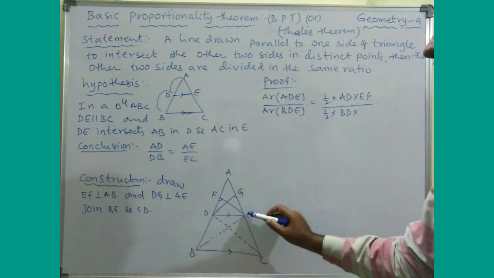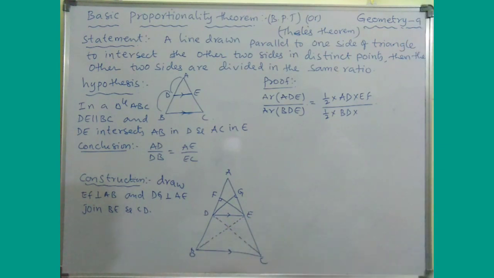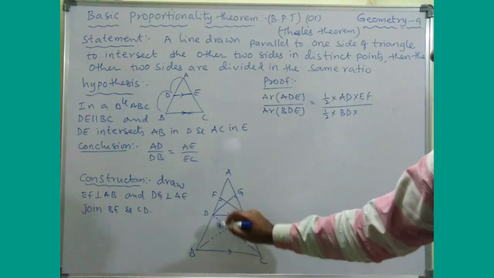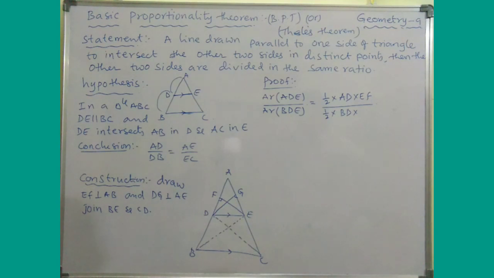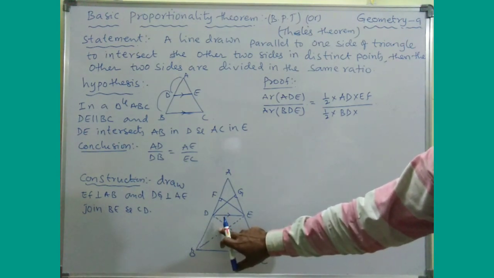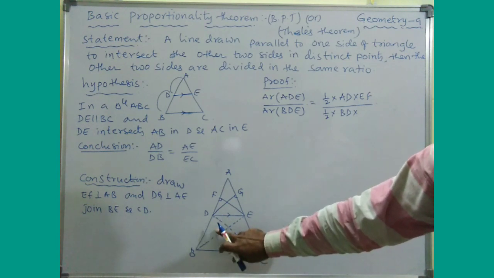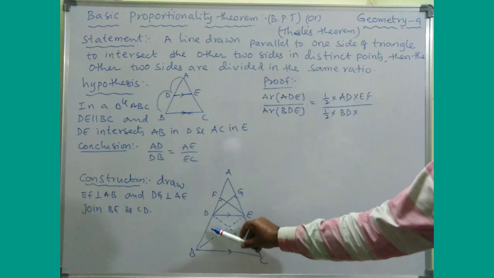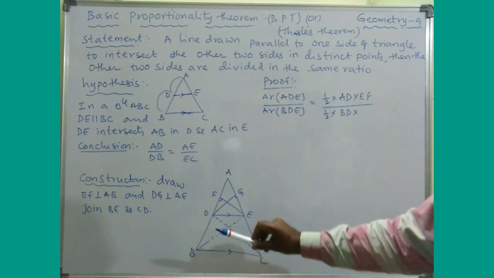You see, actually BDE triangle is an obtuse angle triangle. Then if you draw, actually the height will be out of this area. Okay. So in case of obtuse angle triangle, if you want the height of such a particular triangle, then we'll consider the height of another triangle which is on the same base.